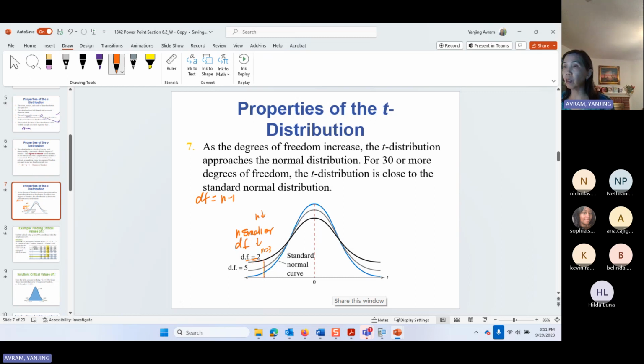And this curve is far away from the horizontal one. So this one is called thicker. All right. And then when you have a df equal to 5, this sample size is a little bit bigger. All right. So this one is a little bit thinner than df equal to 2, right? And then you can see this blue one is a normal curve. Normal curve usually n is 30 or above. So that is this kind of comparison. Okay.